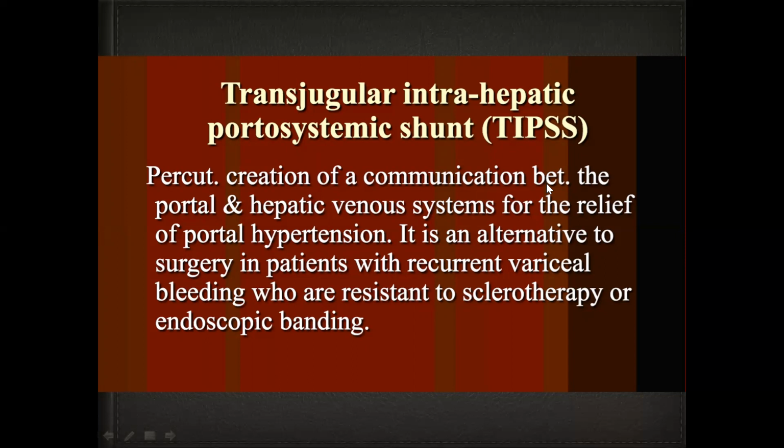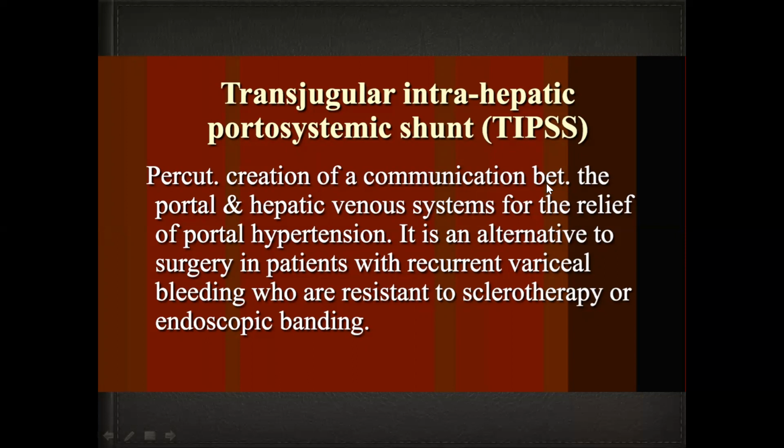So the patient's portal venous pressure will increase, and this will cause a lot of problems, especially ascites, which sometimes is resistant to treatment. In that case, we can do what's called a portosystemic shunt.